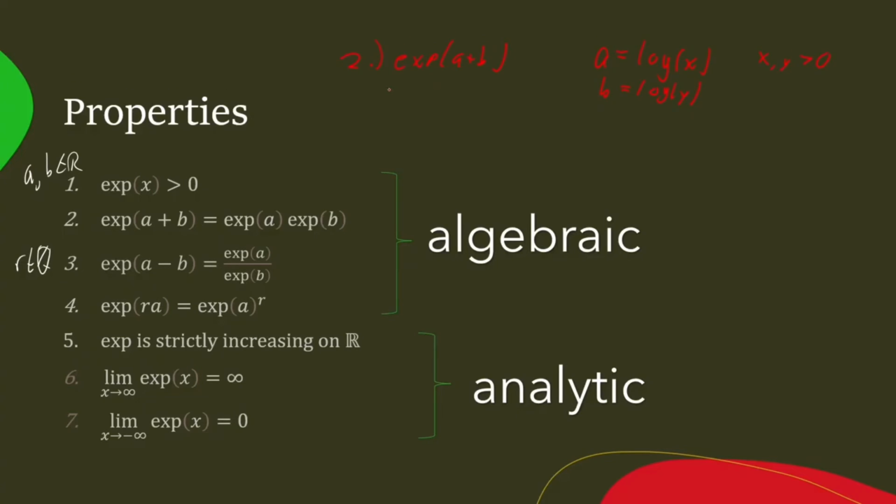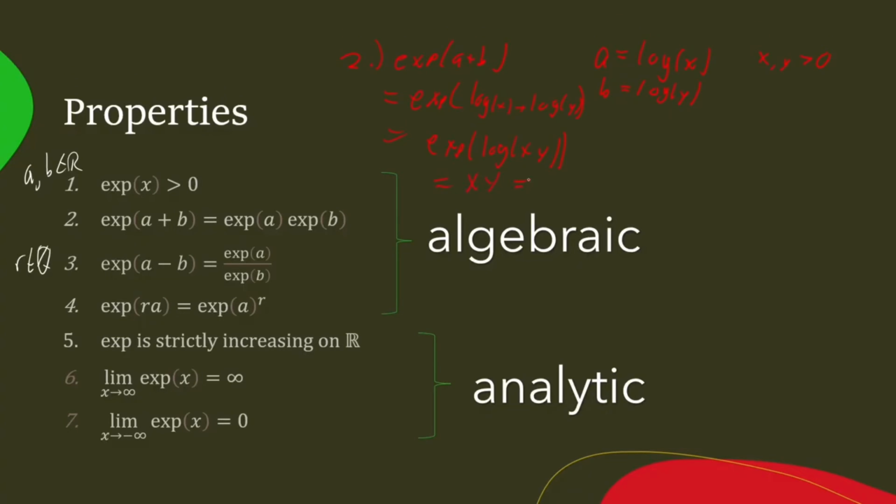And anyways, what we can do is rewrite this as exp of log of x plus log of y. And the advantage now is that we already know properties of logarithm. In particular, we can turn addition into multiplication. And so this is exp of log of x times y. And now we can use the fact that exp and log are inverse functions of each other, so they undo each other, and we're just left with xy.